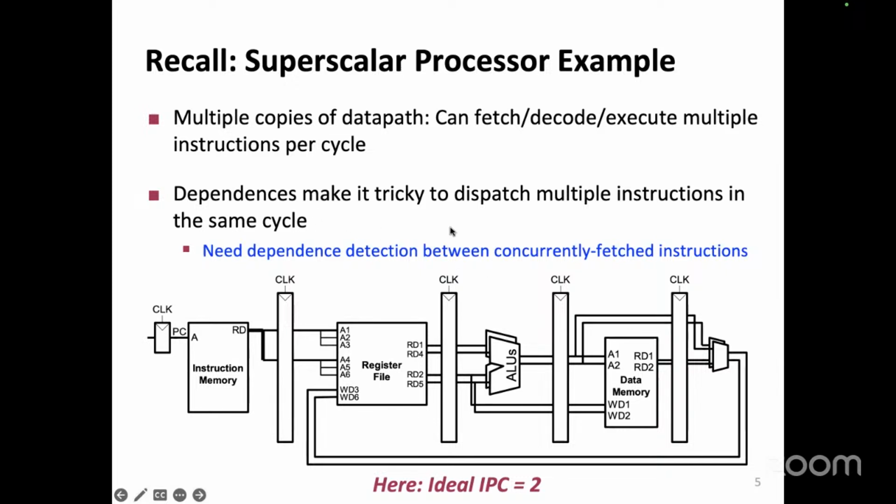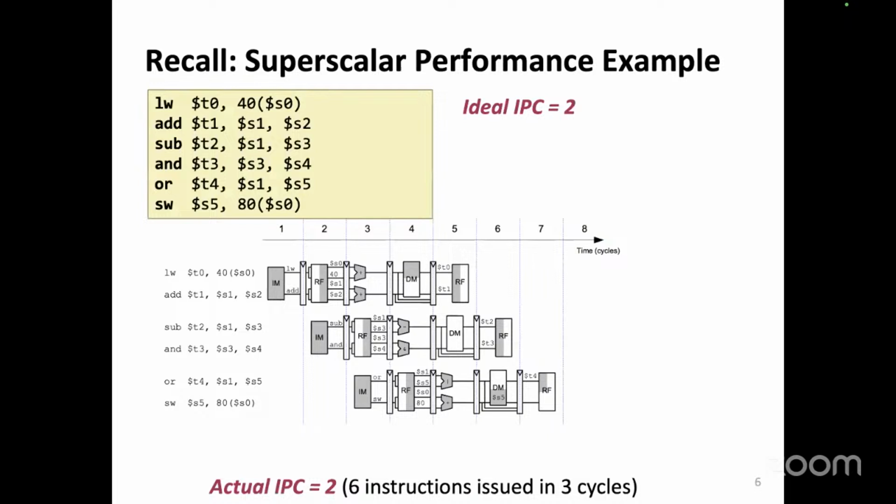You need to detect dependencies between concurrently fetched instructions and delay the instructions whose data values are not ready. So we are very familiar with all of these concepts. And superscalar processor makes it harder because you need to detect dependencies. But if there are no dependencies between concurrently fetched instructions, as you can see over here, this add is not dependent on load, this AND is not dependent on sub, this store is not dependent on OR, then you can get 2 instructions per cycle.